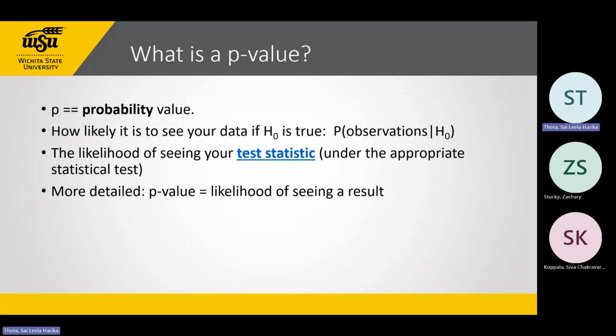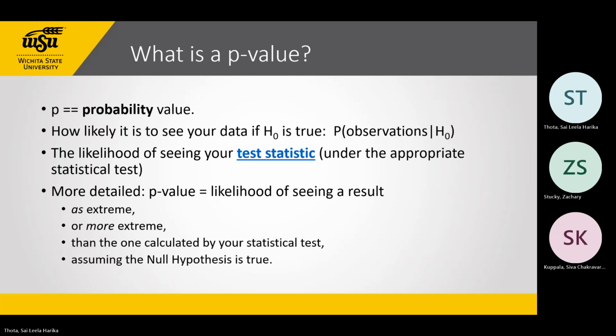So what is the p-value? It is a probability value, and it tells how likely it is to see your data, the likelihood of seeing your test statistic. For example, the p-value is the likelihood of seeing a result as extreme or more extreme than the one calculated by your statistical test, assuming the null hypothesis is true.